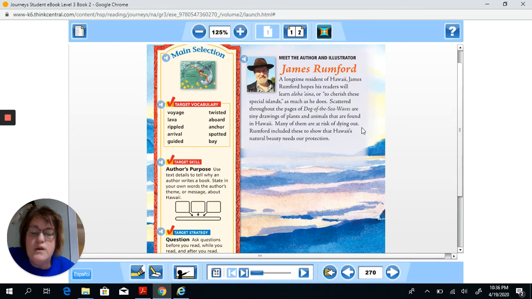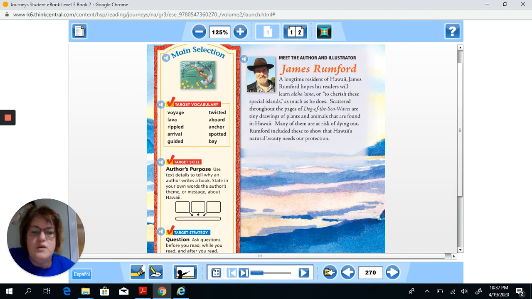Many of them are at risk of dying out. Rumford included these to show that Hawaii's natural beauty needs our protection. And this reminds me of what we've learned about in science about how it's important to protect our natural resources. So I'm definitely making a connection with that information that I was just given.